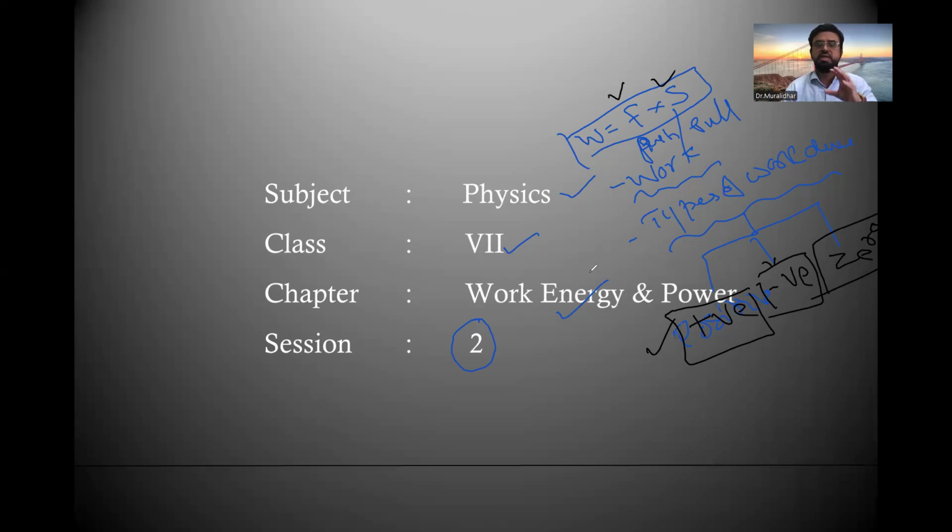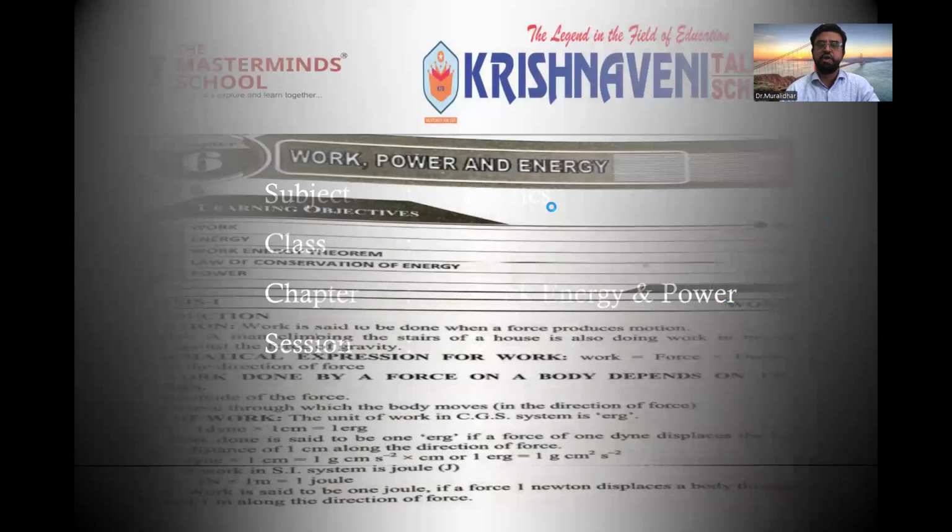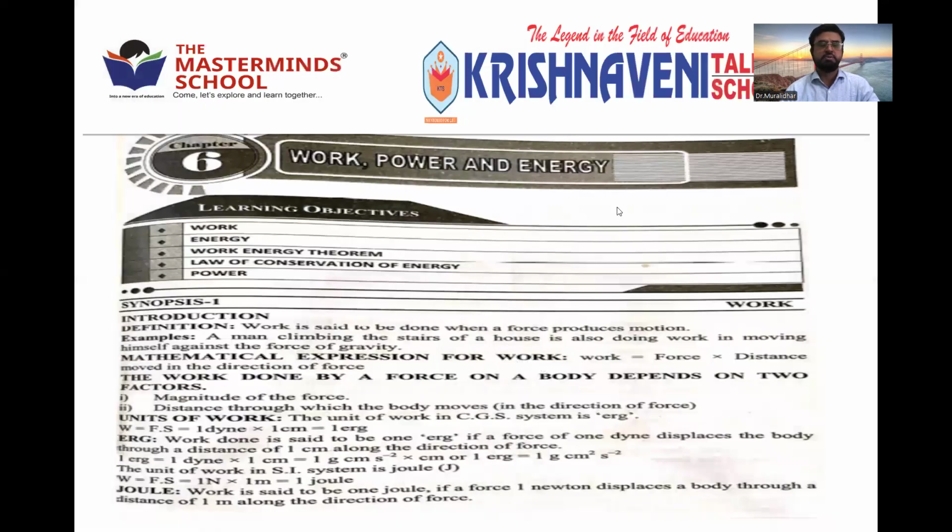So, the work done can be classified into positive work done, negative work done, or zero work done. We have seen the video also, the explanation of work done, and you can see here synopsis 1, the introduction of work.